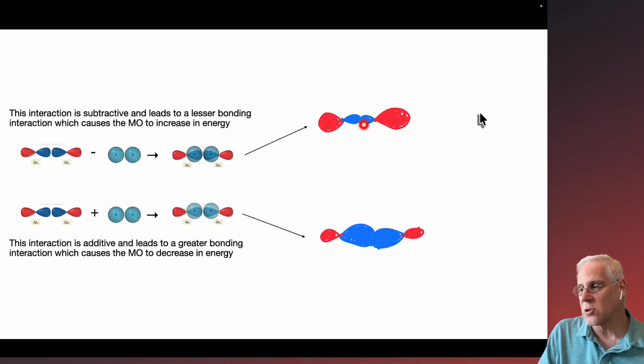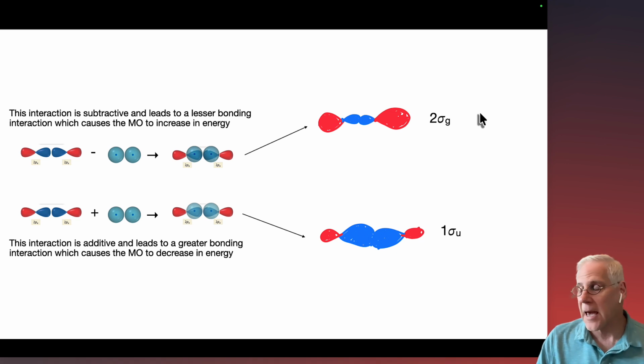And so that lowers the amount of interaction for that sigma 2p. And so if you lower the amount of overlap and you lower the amount of interaction, you're going to increase the energy compared to what it would have been if this subtractive interaction was not in place.